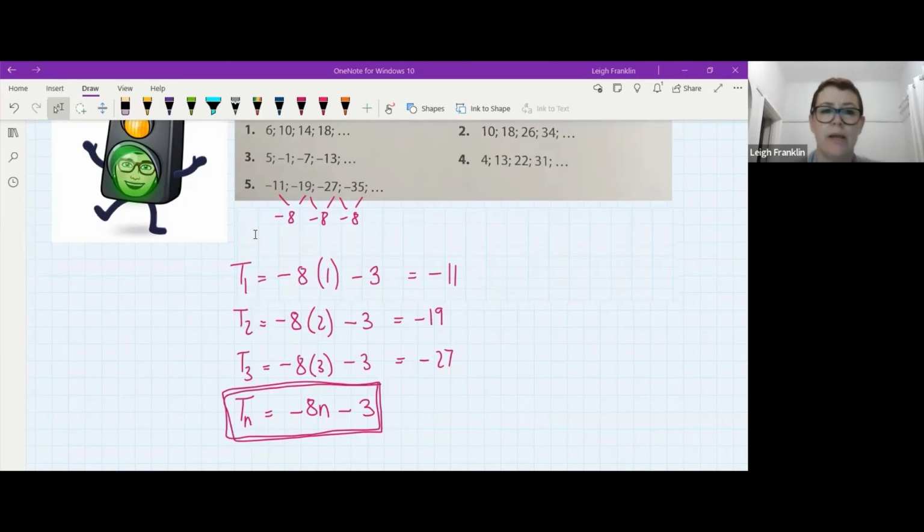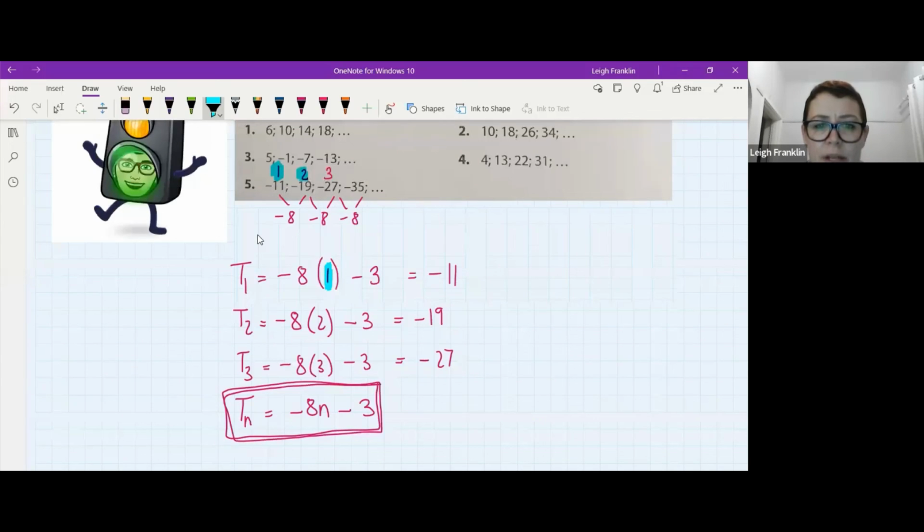What you are doing is that you are taking the numbers that go in. So remember, 1 goes in and -11 comes out, and 2 goes in and -19 comes out, and 3 goes in and -27 comes out. So these numbers over here that I'm highlighting in blue, those are the ones that go in here.